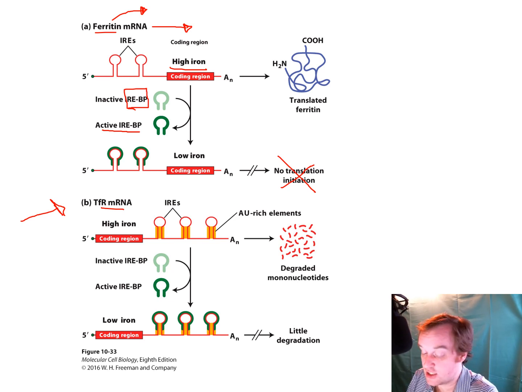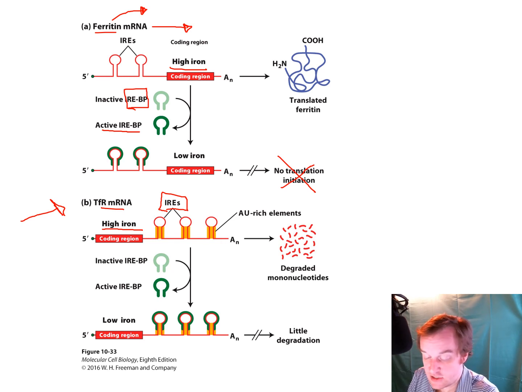Now, the transferrin kind of works in the opposite way. So in the high iron concentrations, we are not binding our IREBP to these IREs. Instead, we're allowing transferrin receptor mRNA to be expressed.